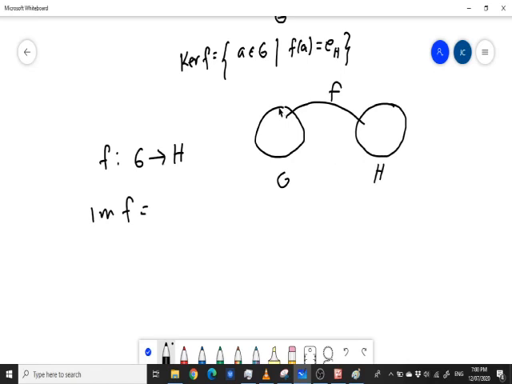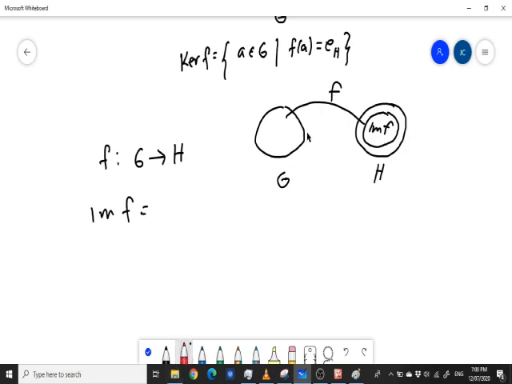So, i-collect mo lahat ng images ng elements ng G. Diba? Tapos, saan yun sila? So, I would say dito. So, this is the image of F.